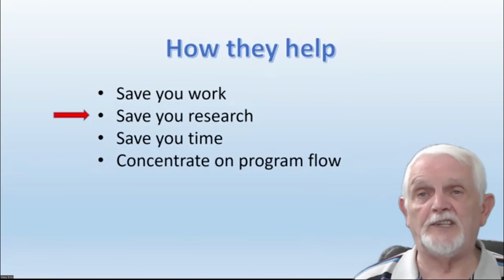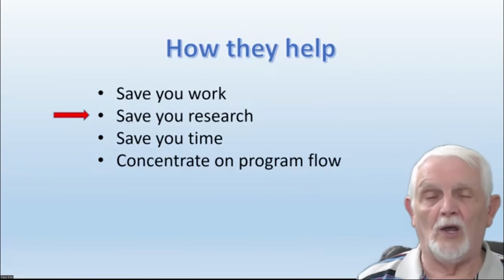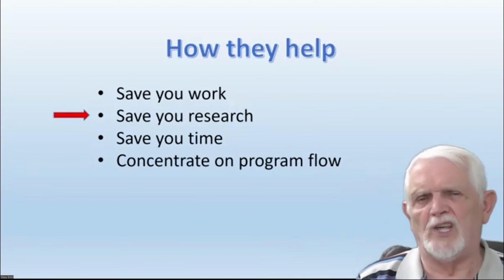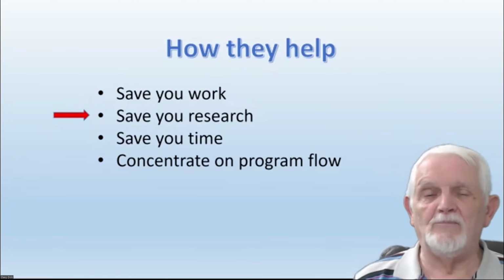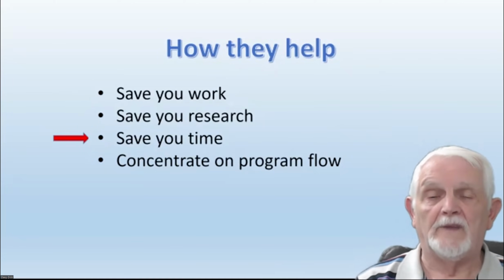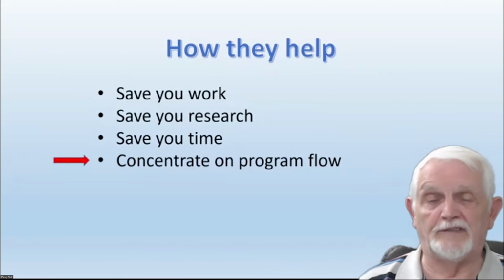Also save you researching. If somebody else has done all the hard work for you, they've worked out how to make the gadget work, how to make the lights come on or the motor move or whatever it's doing, then let them do the heavy lifting. Because of that, you saved an awful lot of time having to figure out what to do with it, and you can then concentrate on your main program. So that's what a library is for.